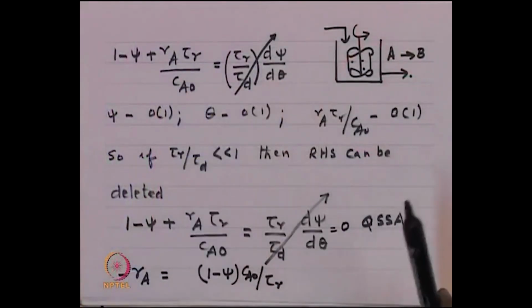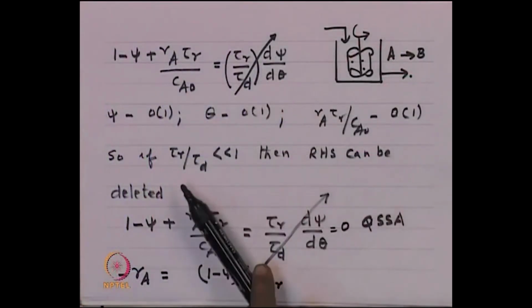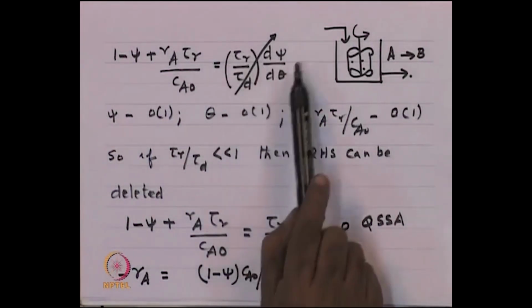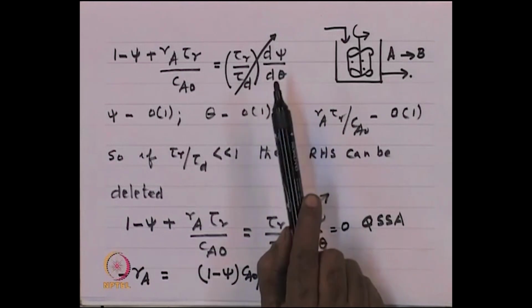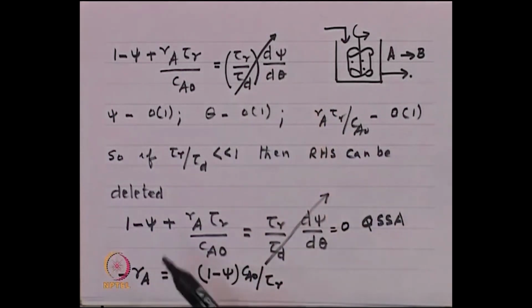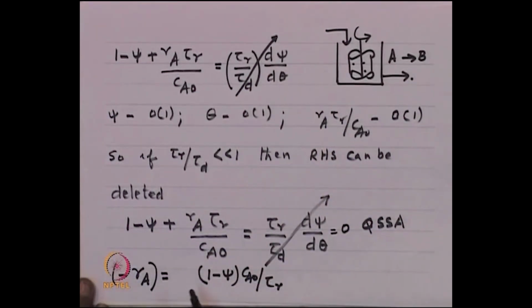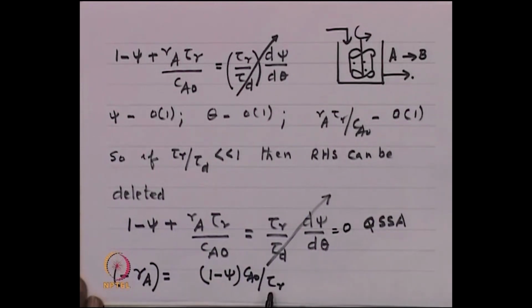This is why we are doing all this experiment. So, under conditions where tau r by tau d is very small, the accumulation of material inside the equipment is very small. Therefore, we can neglect it, and the reaction rate R A can be measured simply by measuring the right hand side. Do we know the right hand side?